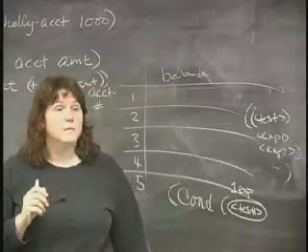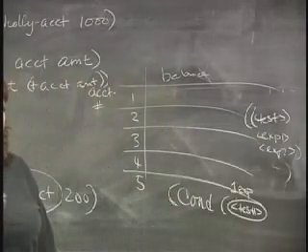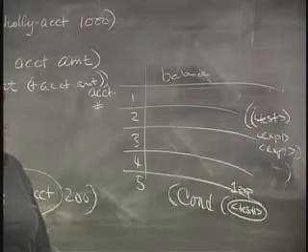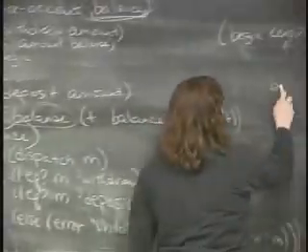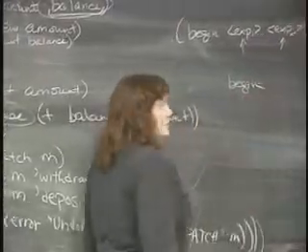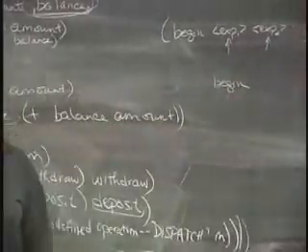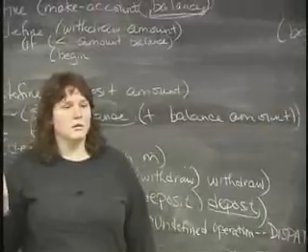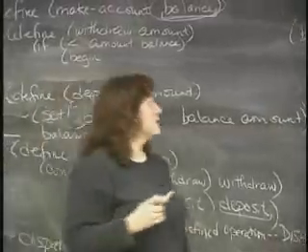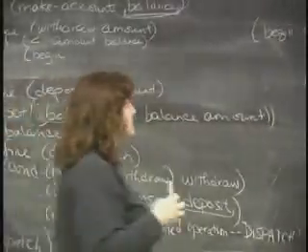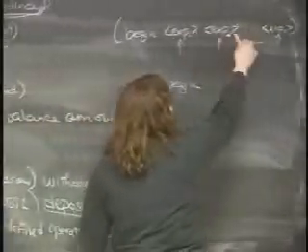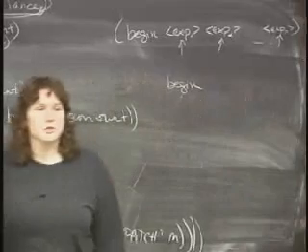Yes? If you were to sort of define begin, what would it look like? You mean if I were just to create begin as a procedure rather than a special form? Okay, so if I didn't make begin a special form, but instead it was a procedure? Yes. Okay, if it were a procedure instead of a special form, all bets are off as to the order that we're going to evaluate our expressions in.